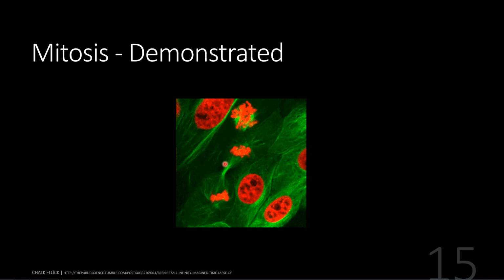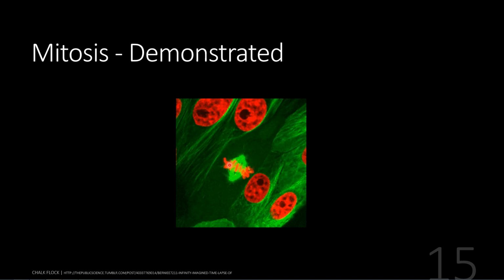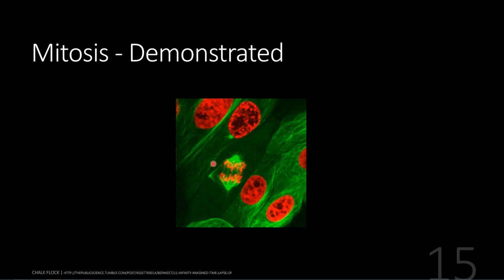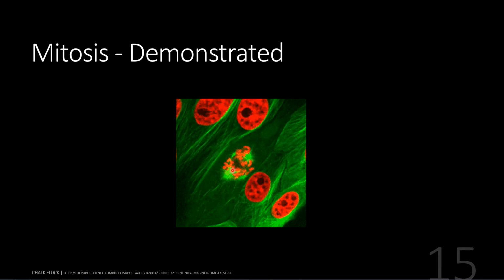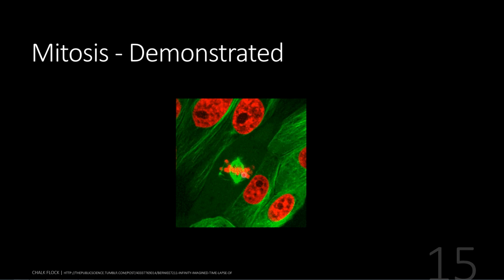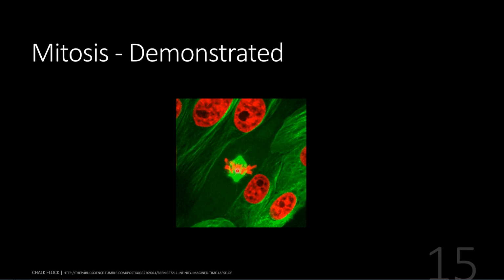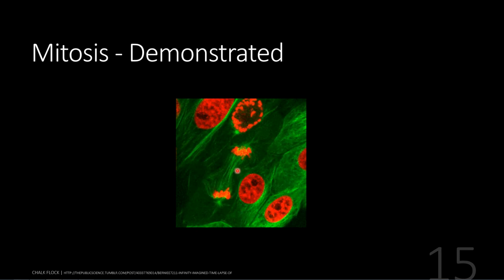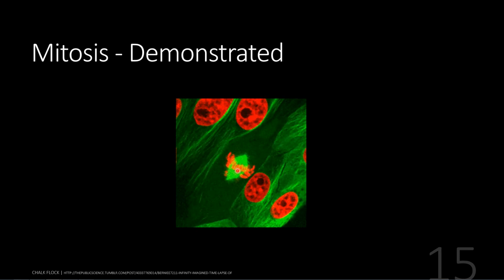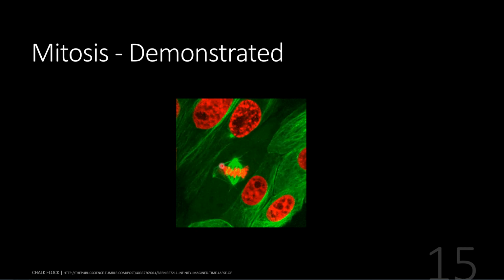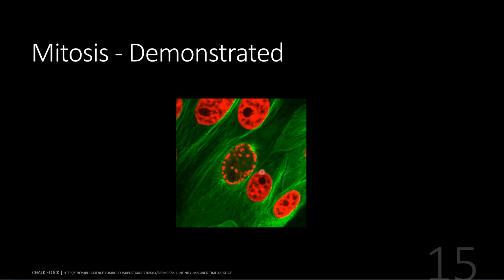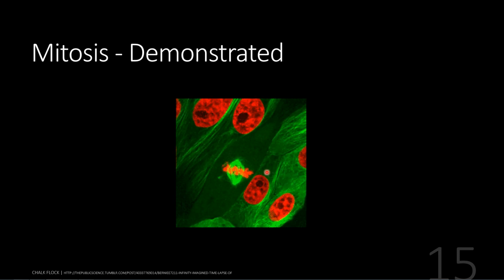And actually, you can see right there, just wait for like 2 seconds, you'll see it again, the cleavage furrow happens right where the metaphase plate was. Okay, you see how there's a line right there, and then boom, that cell cuts in half.